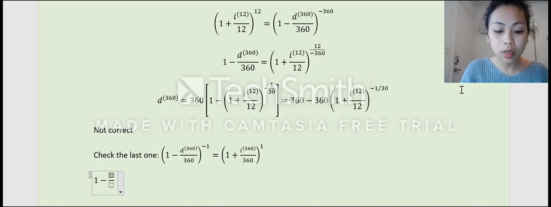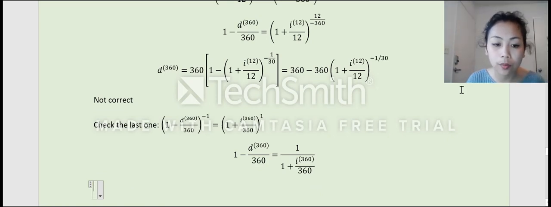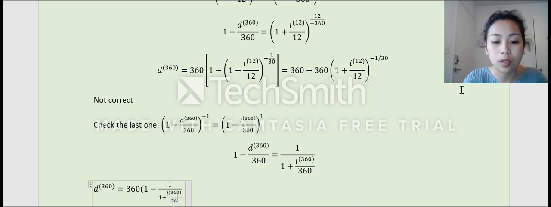1 minus d^(360) over 360 equals 1 over 1 plus i^(360) over 360, leading to, now we are going to solve for d^(360). So d^(360) equals 360 times (1 minus 1 over (1 plus i^(360) over 360)), the whole thing times 360.